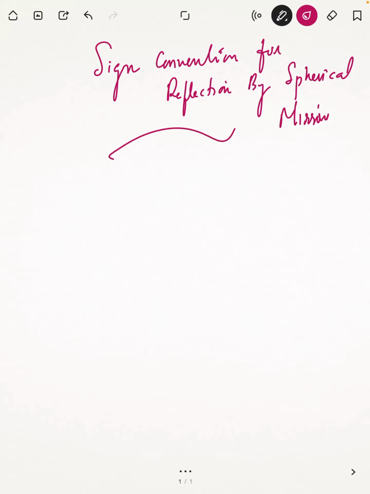This sign convention we call the new Cartesian sign convention.